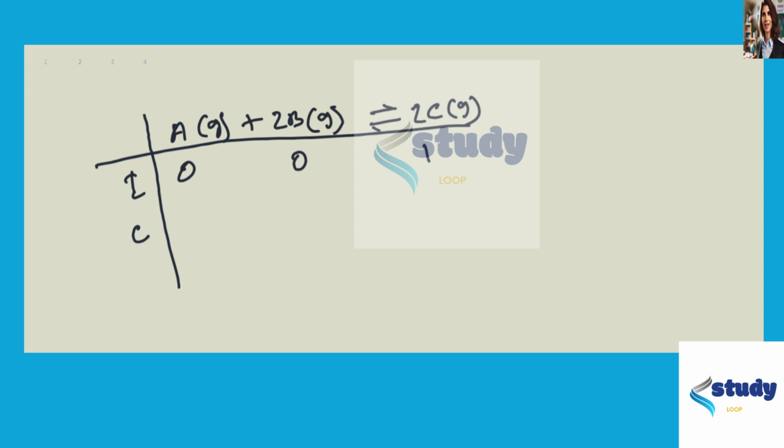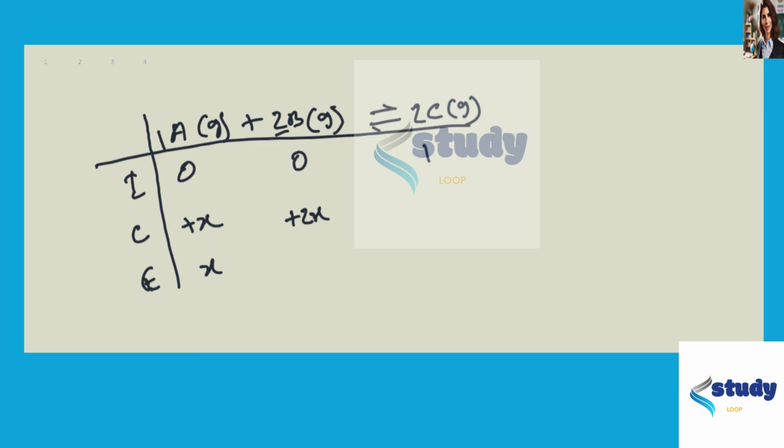Now the change. The equilibrium concentration of A is given as X. That means the change in concentration of A will be plus X, and since with one molecule of A we have two molecules of B reacting, the change in the concentration of B will be plus 2X.